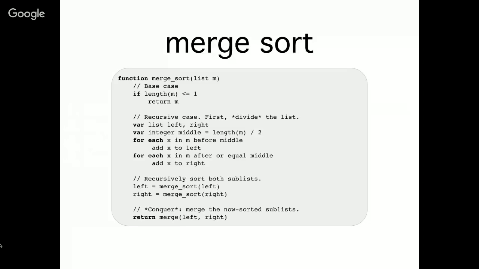We split it, and now we've got 2 sorted 1-element arrays, and then we write a function, which isn't shown here, which basically looks at these 2 lists, and it just has to compare the first element of each list. If the first element on the left is less than the first element on the right, add the first element to the new list, shift it off the left list, okay?